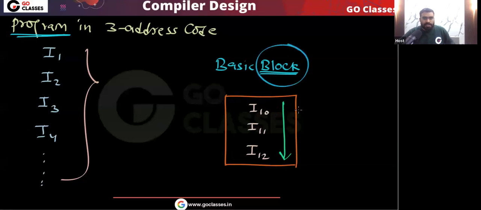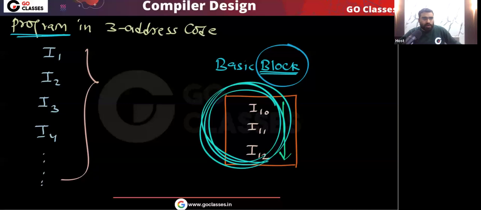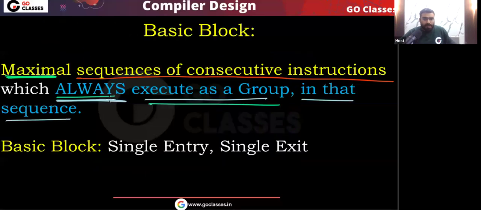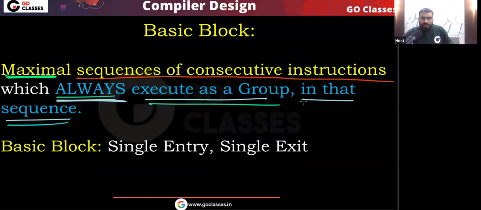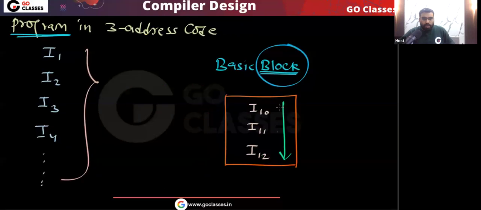Means basically this is a block in which instructions will always execute together, in this sequence. They are true friends. They will always come together. They will always execute as a group in that sequence.